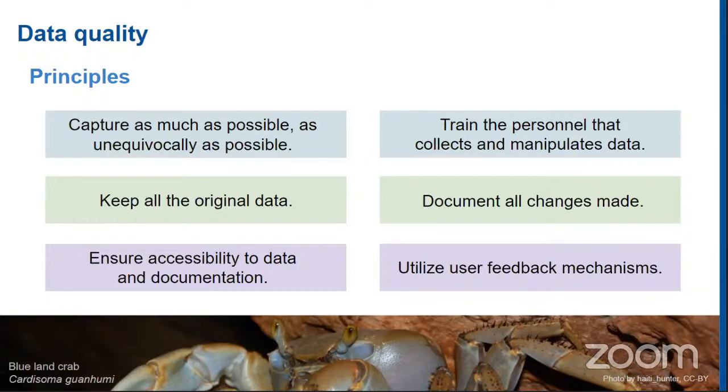And another thing is that we have to try to provide some mechanism for people to give us feedback on our data. So these are important concepts that I want you to get out of this talk.